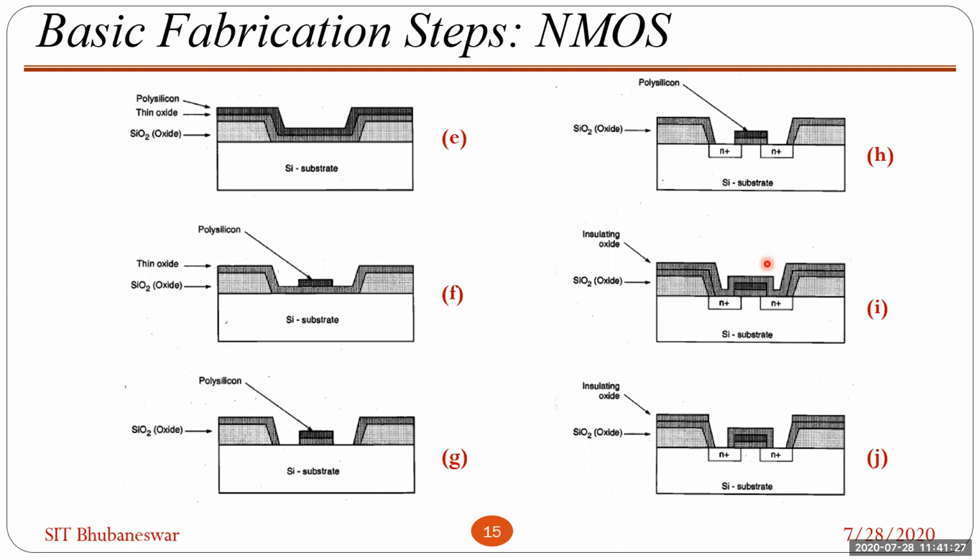Maybe in this figure it's not shown, but definitely we have to remove that part. That oxide part will then contact the metal, because finally this polysilicon is connected to the metal, aluminum or copper. So you are correct.